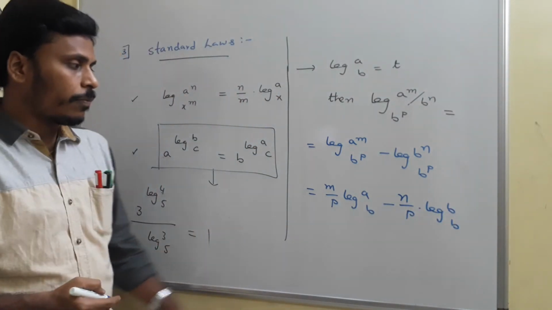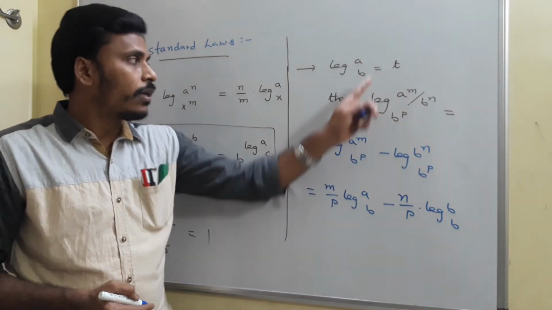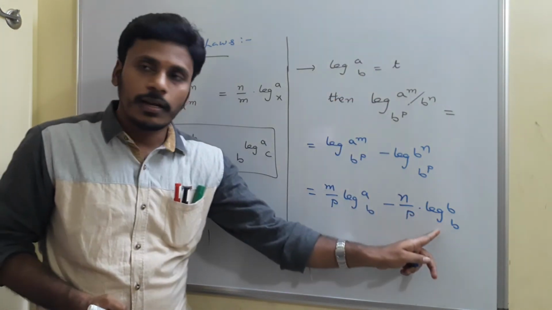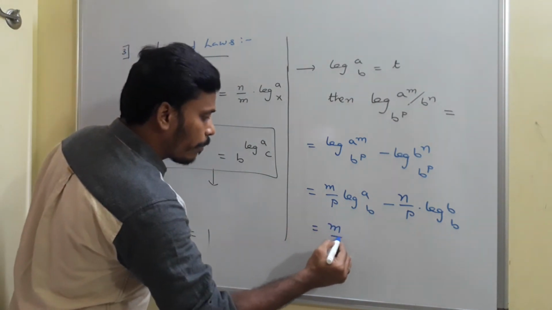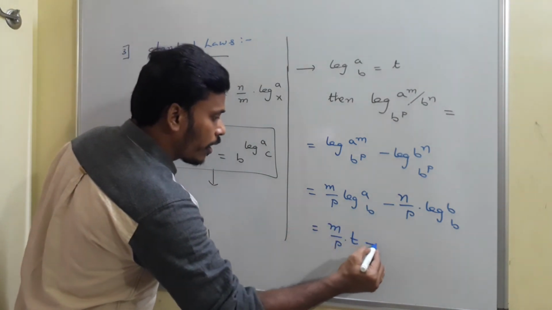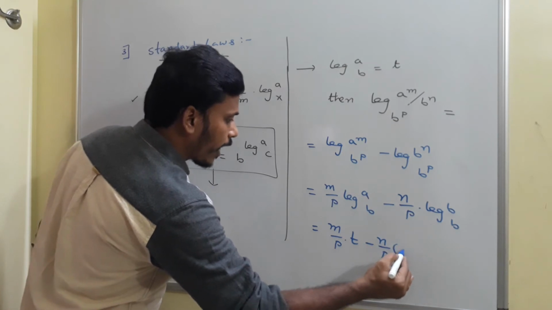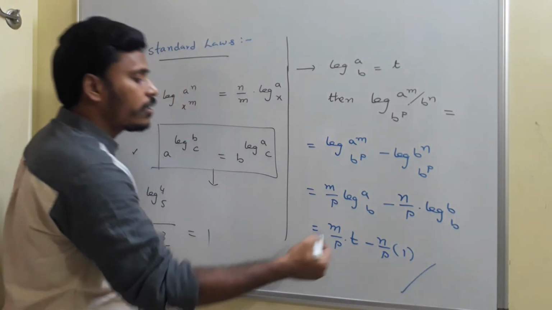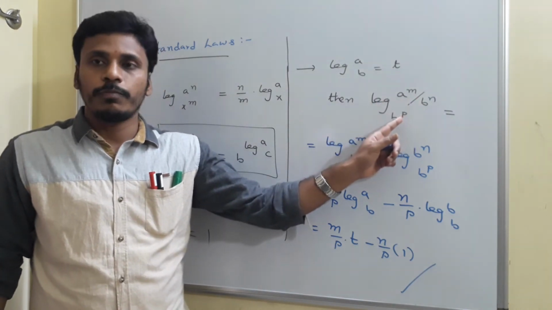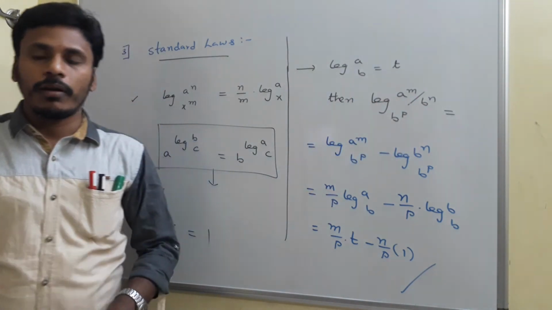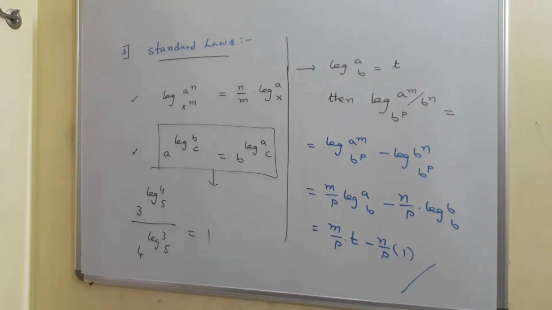And now in the next step, this logarithm of a base b is given as t, whereas this logarithm of b base b is 1. So this is equal to m by p times t minus n by p times 1. And this is your answer for this logarithm of a power m divided by b power n base b power p. So this is one simple problem related to the standard laws of the logarithm.